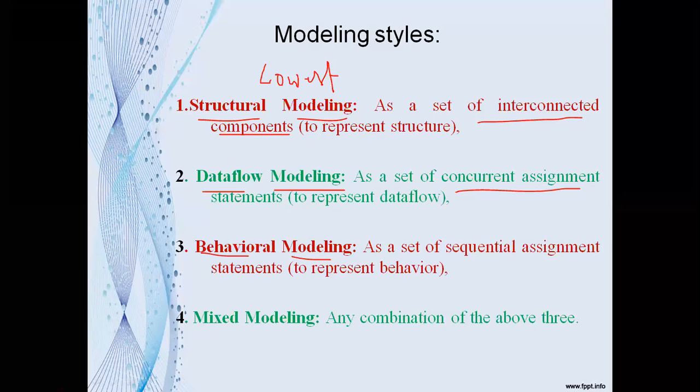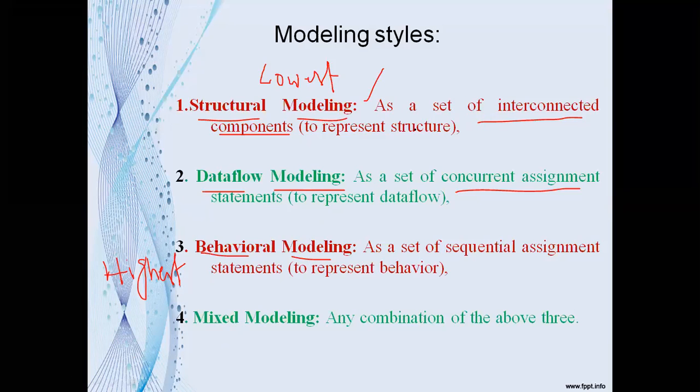Right? And the third one is behavioral modeling. Behavioral modeling is the highest level of modeling. The structural modeling is the lowest level because we use digital gates to describe the functionality of the circuit.